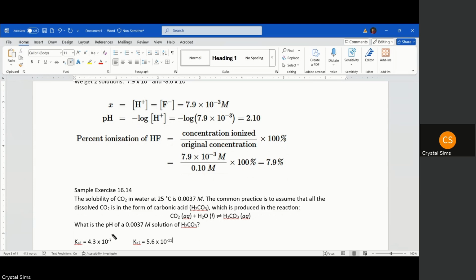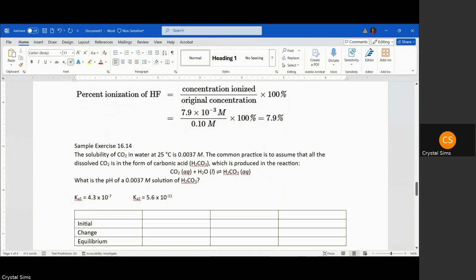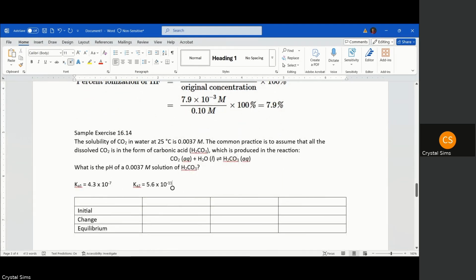Okay, so we are given the molarity, and we need to calculate the pH. We've already looked up our Ka value here, and we know we're going to use Ka1.